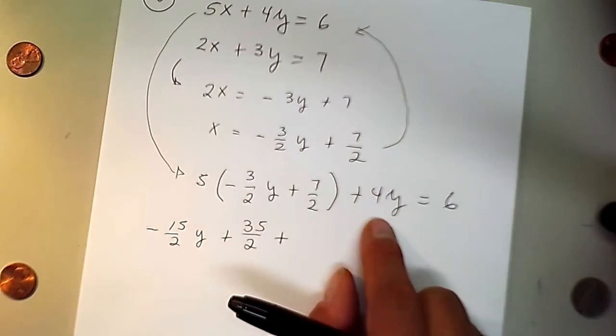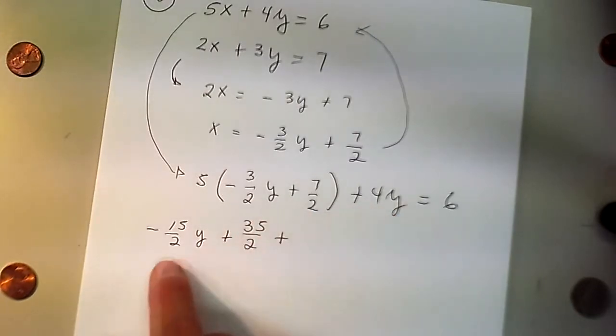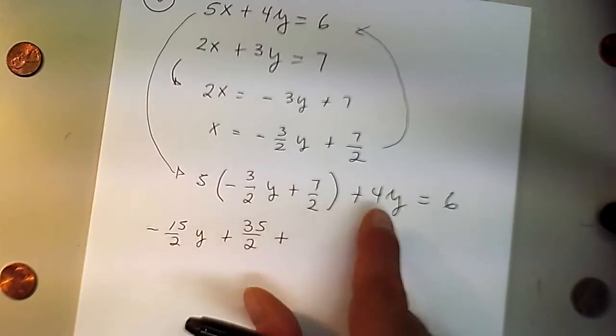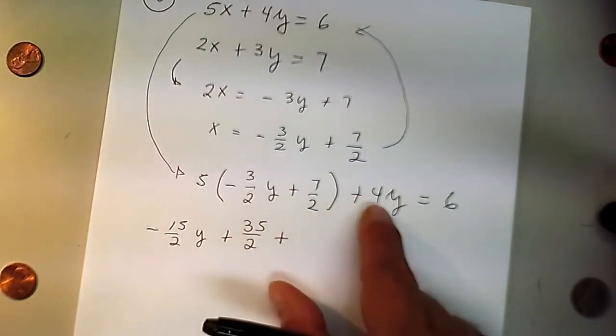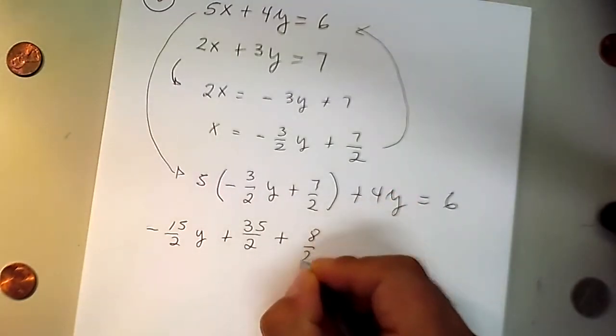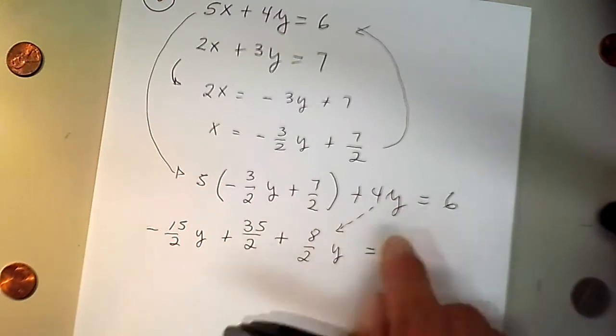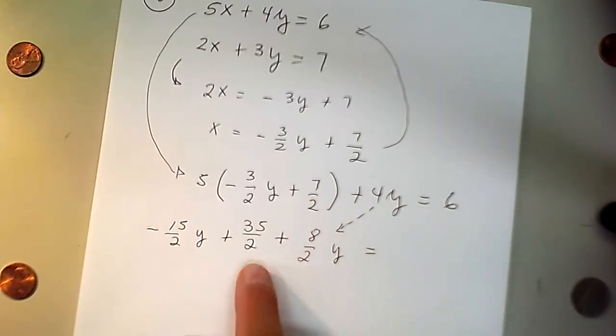I'm going to plan ahead. I'm going to combine the two y's, this y with this y. This one is already in halves. Anticipating we're going to combine them, I'm going to change this 4 into halves, 8 halves y equals, and all of those are fractions with halves.